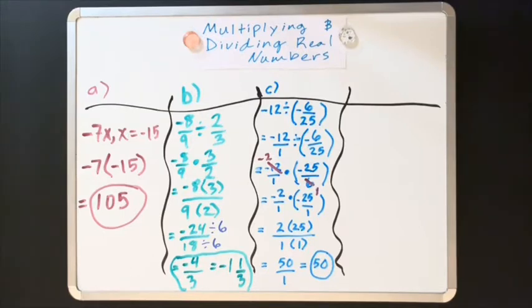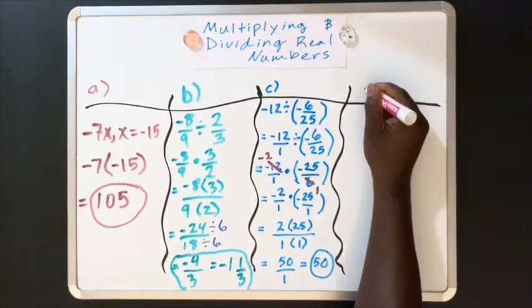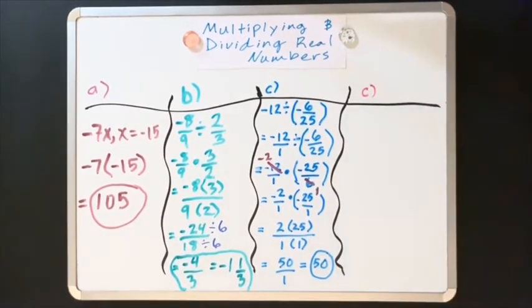All right. So now we're going to move to our last problem. In this particular problem, it involves dividing real numbers or rational numbers, numbers that can be written as a fraction. But we're going to be dividing mixed fractions. So I'm going to call that C. So here we are.